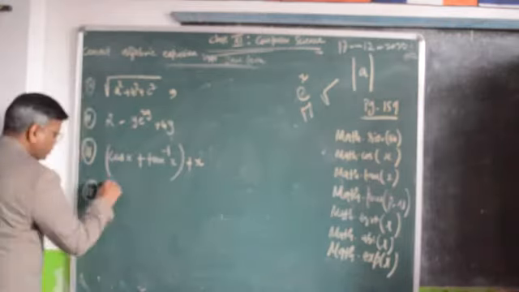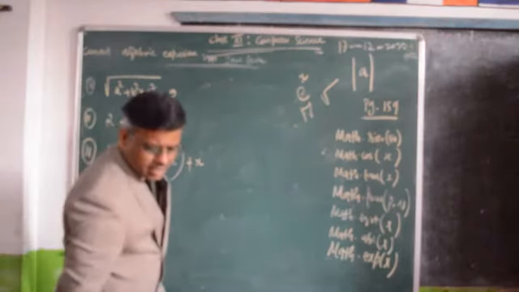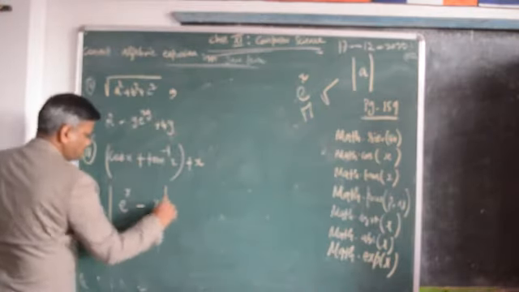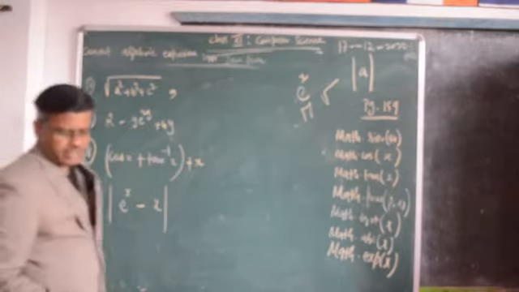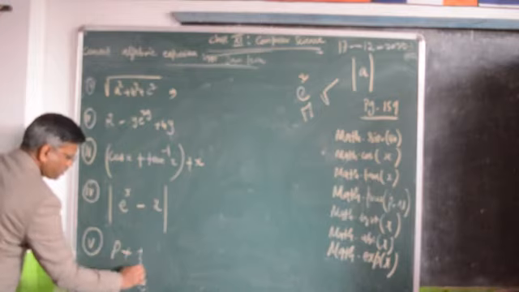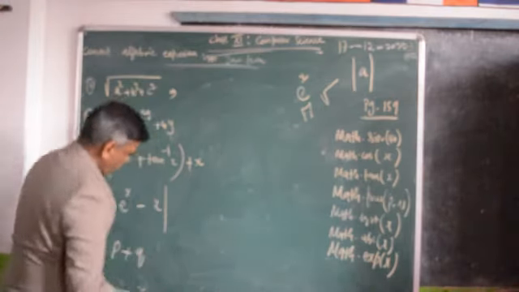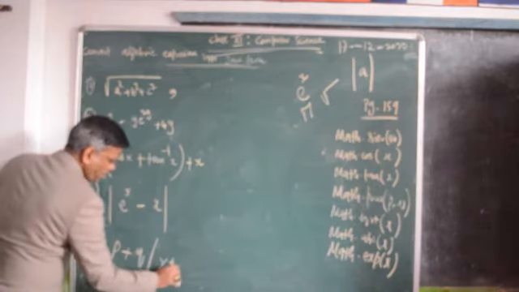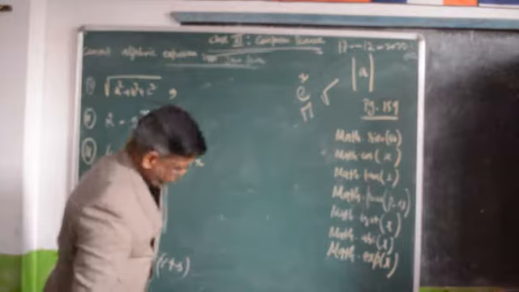The fourth expression says e to the power of x minus x. And the last one is this: P plus Q whole divided by R plus S raised to the power of 4.